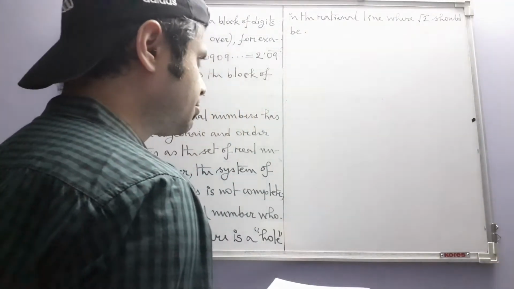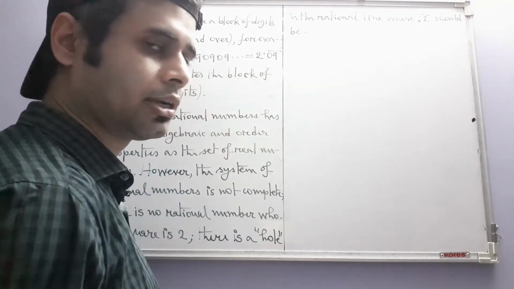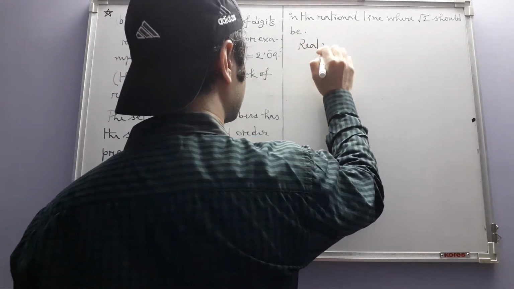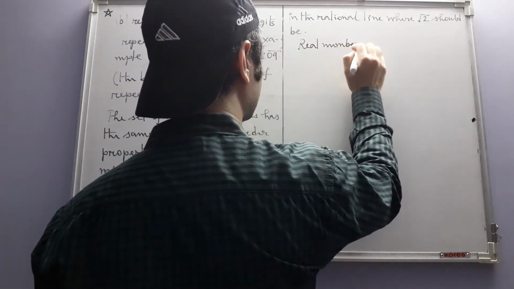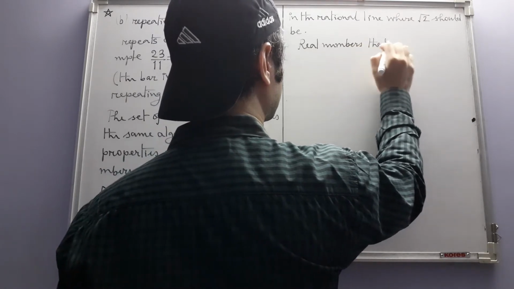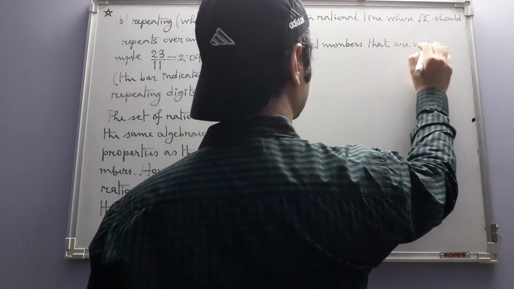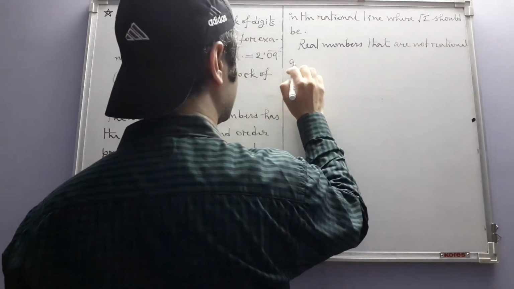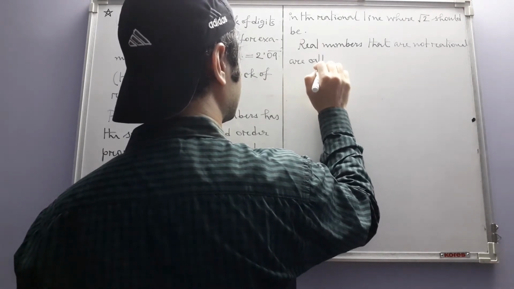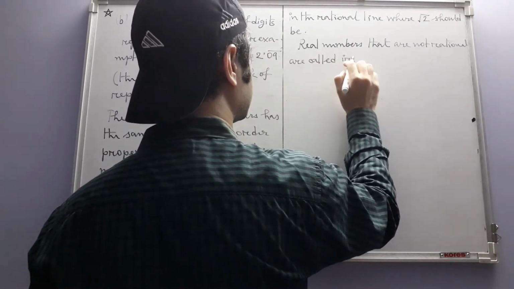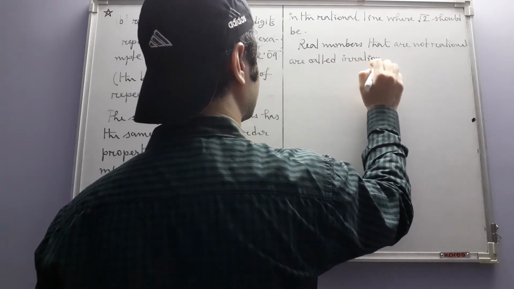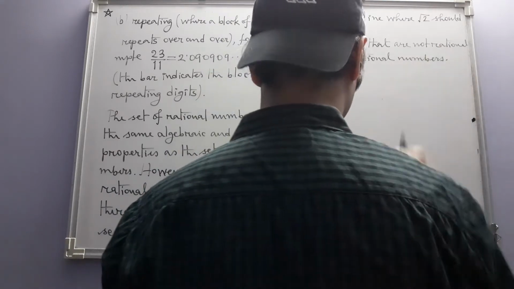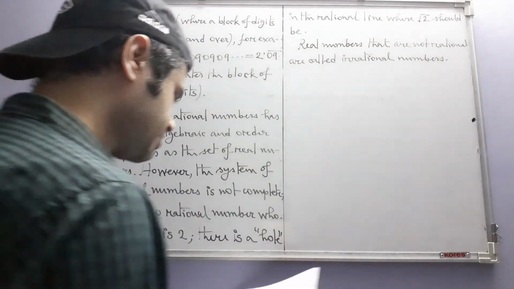And examples of real numbers that are not rational, you already know. Real numbers that are not rational are called irrational numbers. And here are some examples.